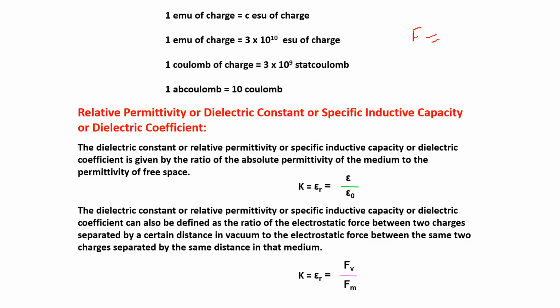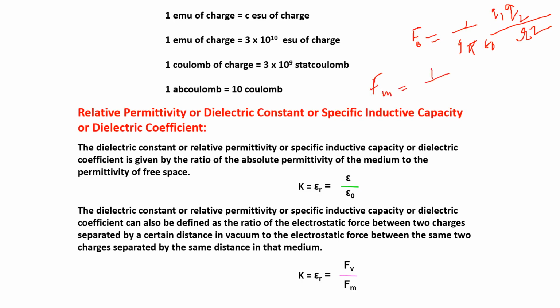upon R square, and F in a medium is equal to 1 upon 4 pi epsilon Q1 Q2 upon R square.